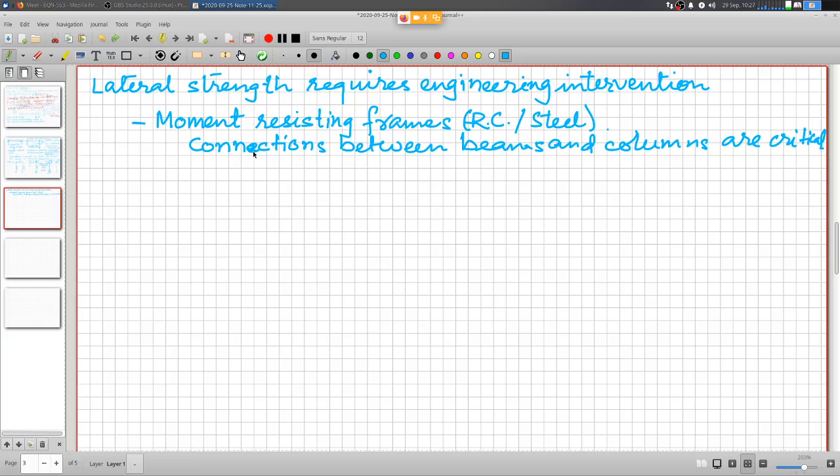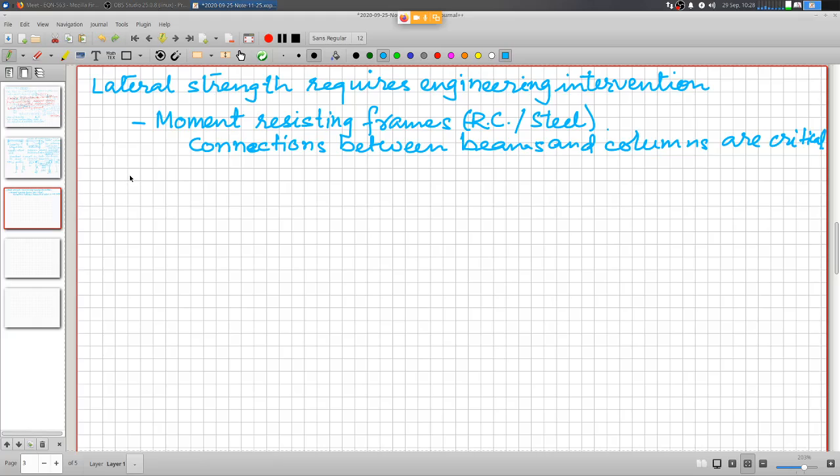Because when the lateral force comes on the frame, it has to be withstood or resisted by developing internal forces, and that is only possible if the members are able to generate and transfer moments between beams and columns. If the moments are not properly transferred, then it may lead to excessive deformations, and the performance objectives may not be met fully.